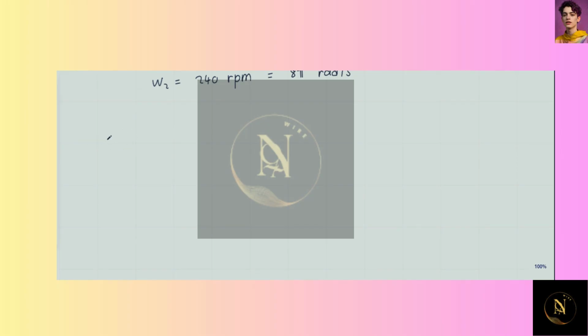We're also given the moment of inertia for the cab, IC, which is 650, in pound foot second squared. For the blades, the mass moment of inertia is equal to 4, and it's modeled as a thin rod, so that's 1/3 ml squared.